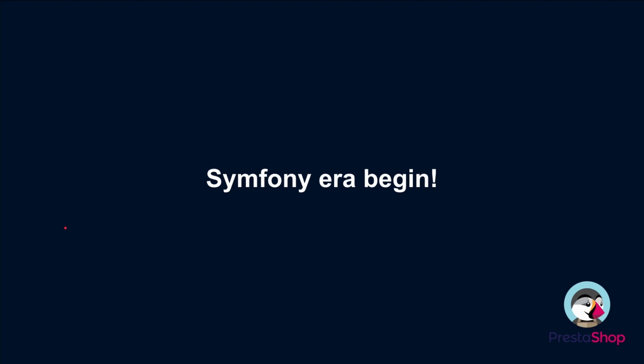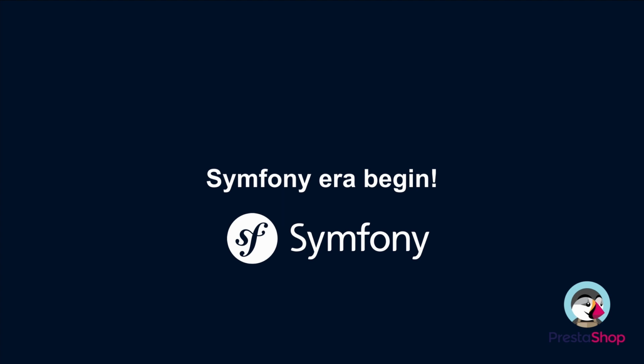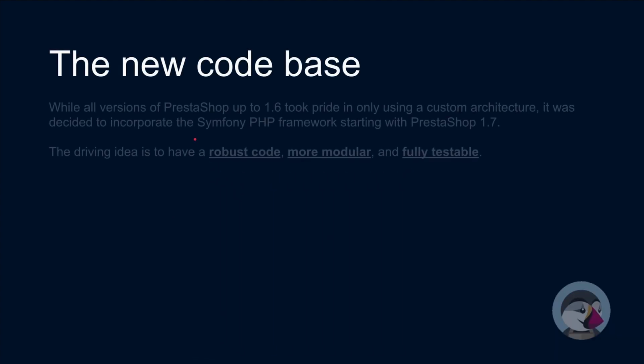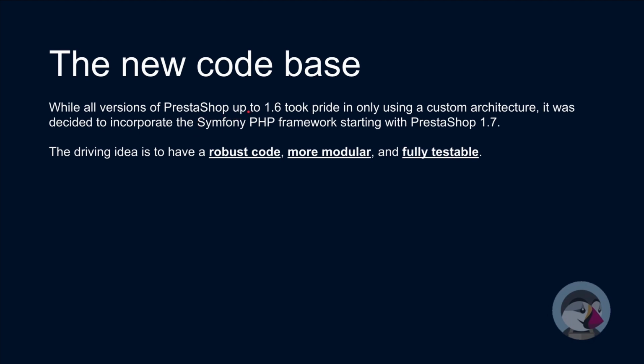So now let's talk about the newcomer compared to 1.6, which is basically the Symfony Framework. Here I entitled it Symfony Era Begins because we have a new code base. While the old versions of Prestashop, until 1.6, took pride in using a certain customized architecture, it was decided by the core team to incorporate the Symfony PHP framework starting with the 1.7 version, since 2017, I think.